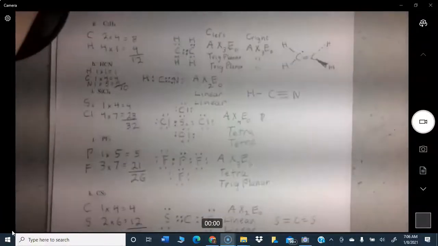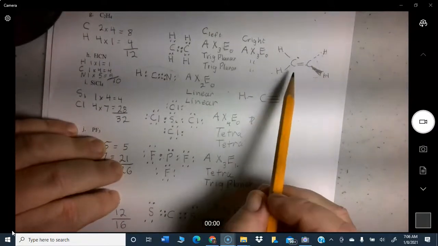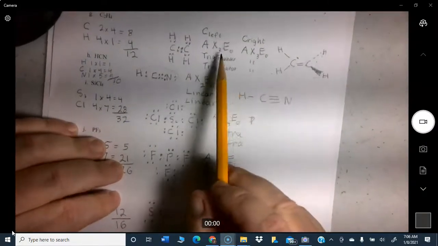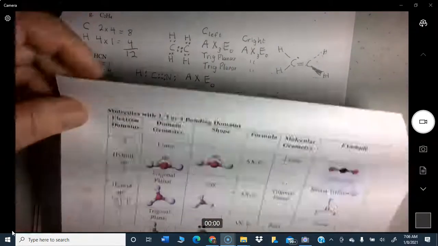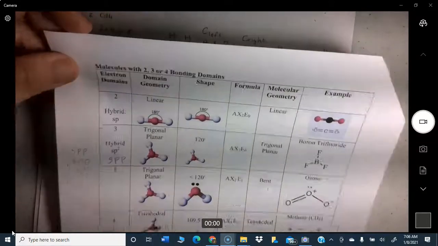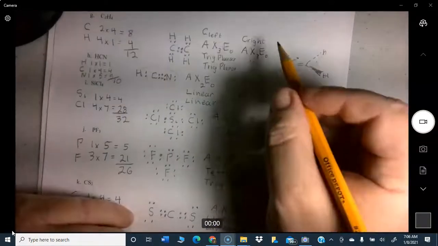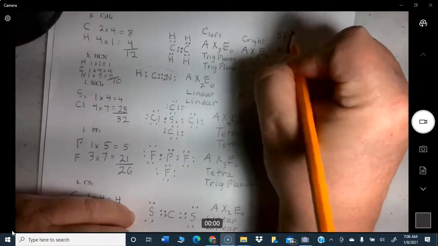All right, let's keep going. Okay, so this is an AX3E0 right there. So that's part of the trigonal planar, so that's sp2 hybridization. So an s and two p orbitals. I'll write it up here.